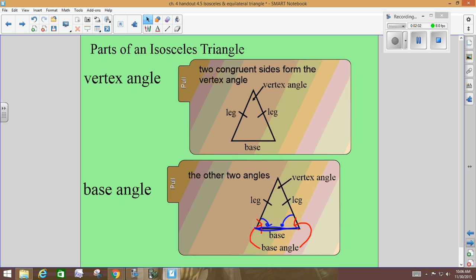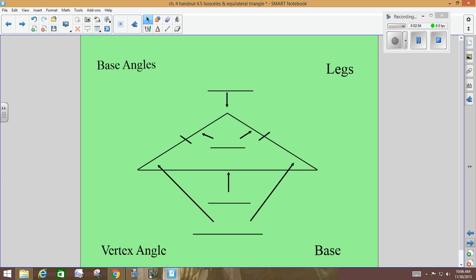You have a picture on the right side of those terms that they want you to label. The top one is pointing to this angle here. Would that be your base angle or your vertex angle? Vertex angle, good. The next blank down is pointing to these two sides. Is that your base or your legs? The legs.